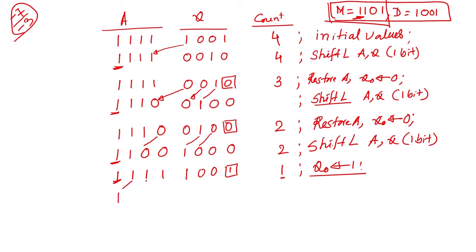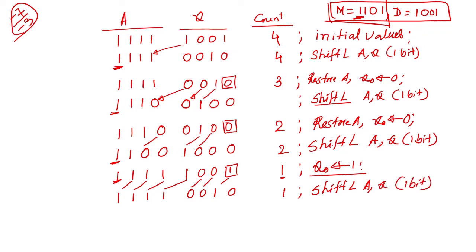So, this should be 1, this should be 1, this should be 1, this should go 1, 0 0, this 0, this 0, this 1, this will be 0. Shift left AQ 1 bit, right.